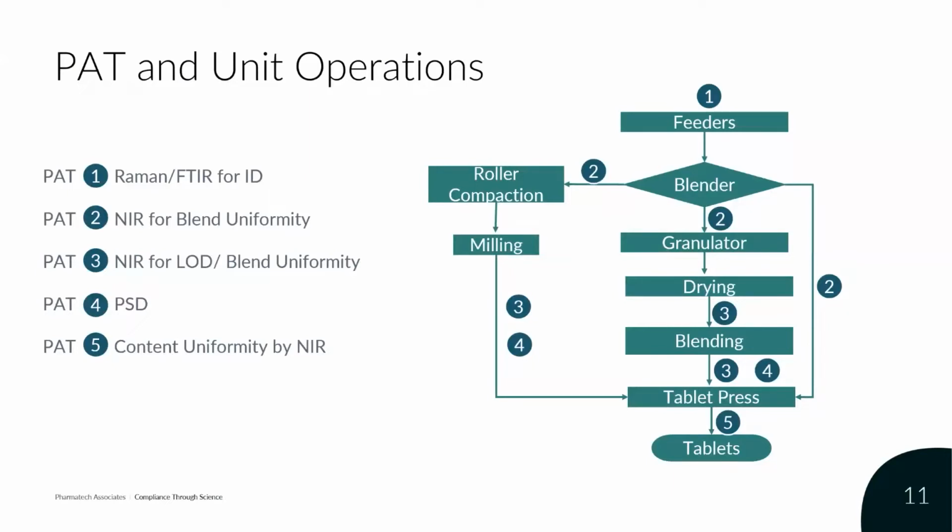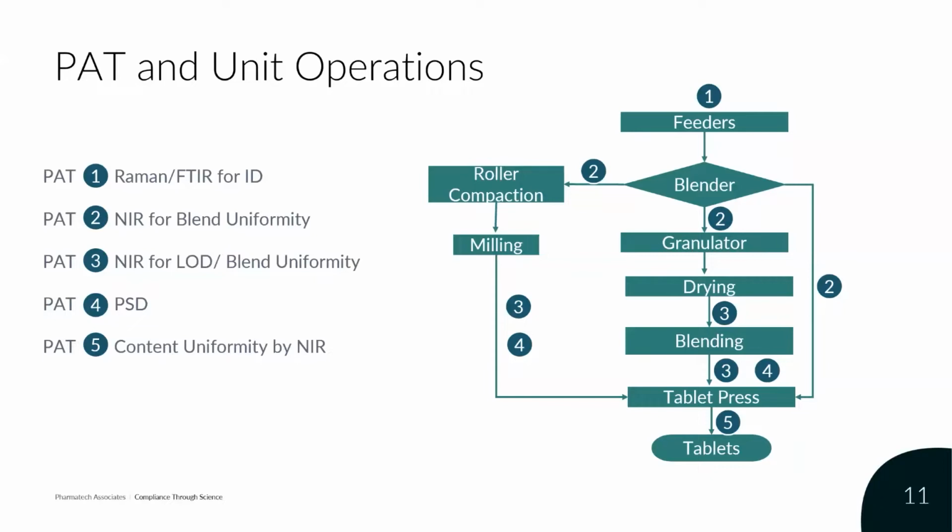You can also use a dry granulation or a wet granulation process. The overarching goal here is really to utilize PAT tools in order to monitor the process in real time. And while you're doing that, you are collecting data to demonstrate that the process is under control.